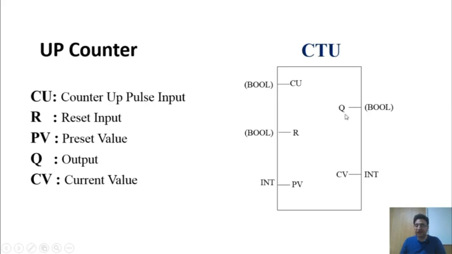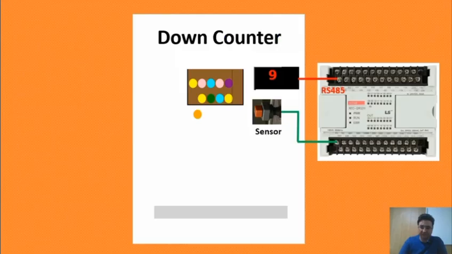And finally, here is the output of our counter, where we can use a variable of Boolean type. When our current count, CV, becomes equal to the preset value, PV, the output of the counter then turns to a logical one.